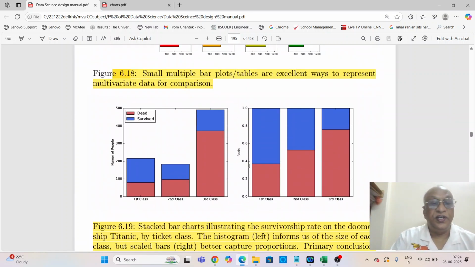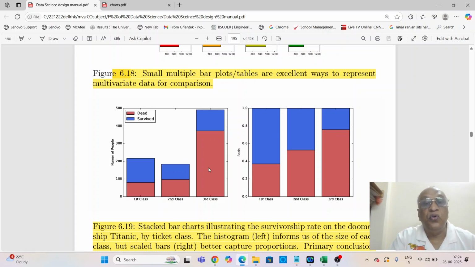So you can see here this stacked bar chart example. And what is this bar chart showing? This is regarding the Titanic ship. People on the Titanic may have had a first class ticket, second class ticket, or third class ticket. And I can see here that more people died in the third class.